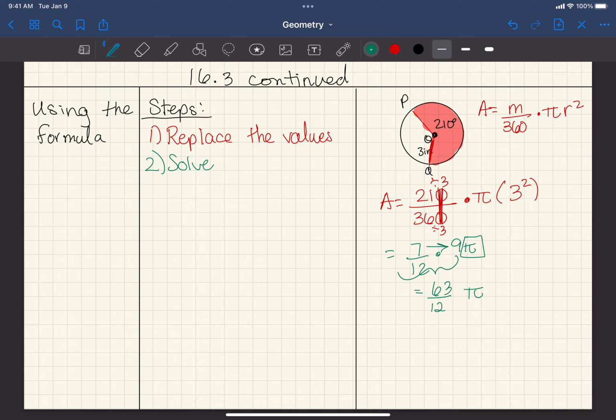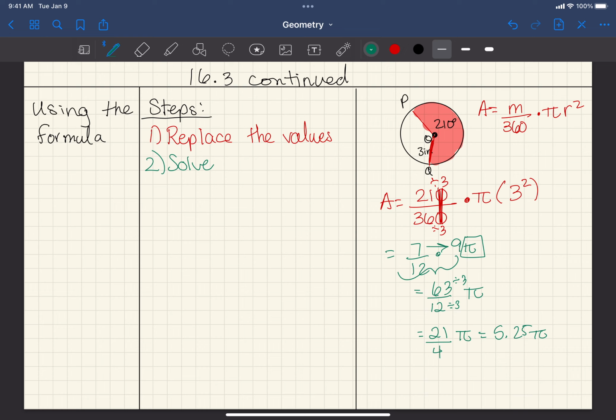I can divide both of these by 3, and that's going to give me 21 over 4 pi. Now here is where I'm going to want to multiply by pi. But the first thing I'm going to do is 21 divided by 4. That's going to give me 5.25 pi.